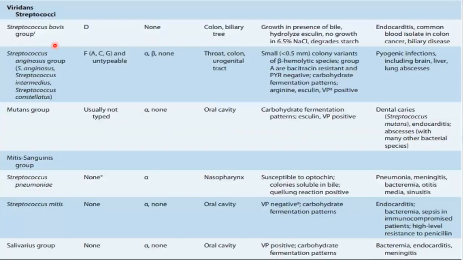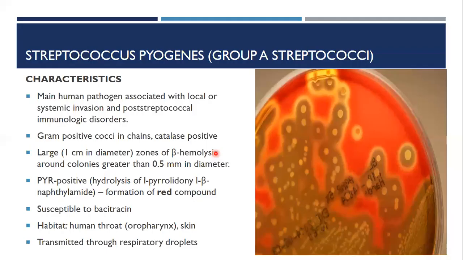So another table, which is a continuation of the previous table, highlighting the different microorganisms under the Streptococcus genera. Now let's start with Streptococcus pyogenes, or your group A Streptococci. It's actually a main human pathogen associated with local or systemic invasion and post-streptococcal immunologic disorder.